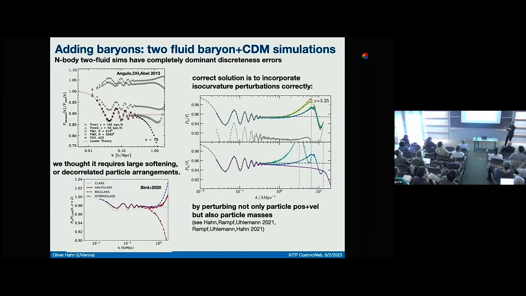At first order, people knew, but then if you at first order just displace your particles slightly differently and absorb the relative difference between baryons, and so maybe one step back. The problem is that baryons and dark matter do not trace each other perfectly at the starting redshifts of typical simulations, right? And so you see here, this is redshift 5.